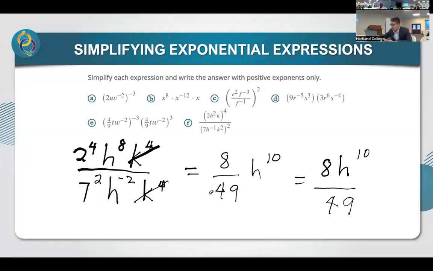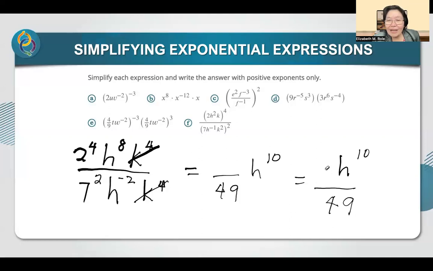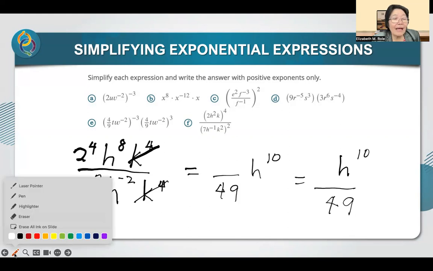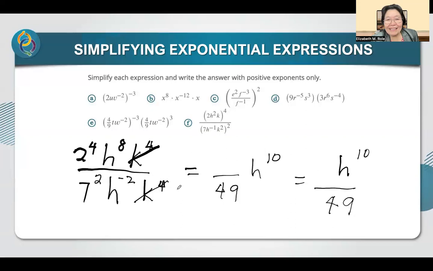Let me erase this. So that's easy for a teacher. That will be 16 and 16. Why did I put an 8?